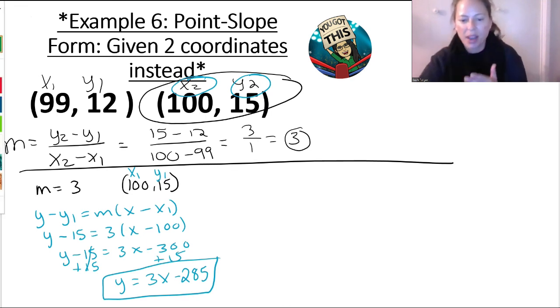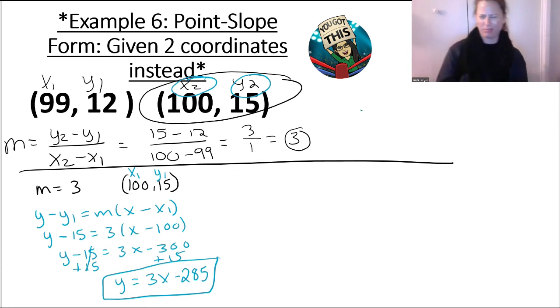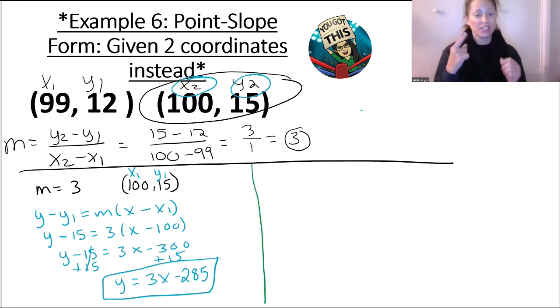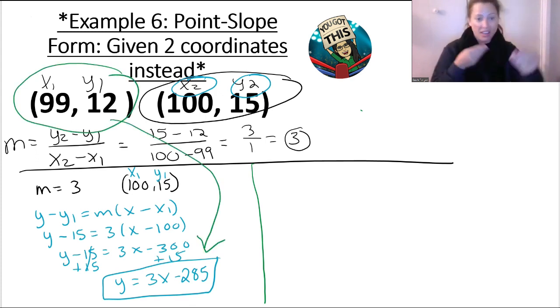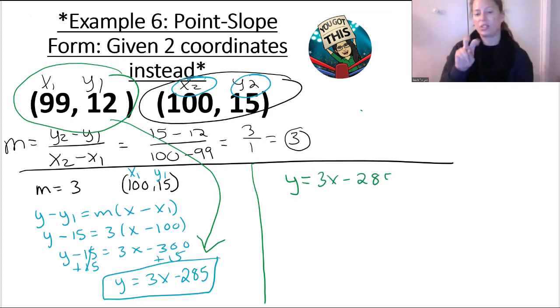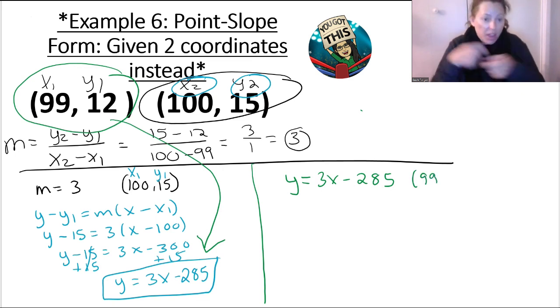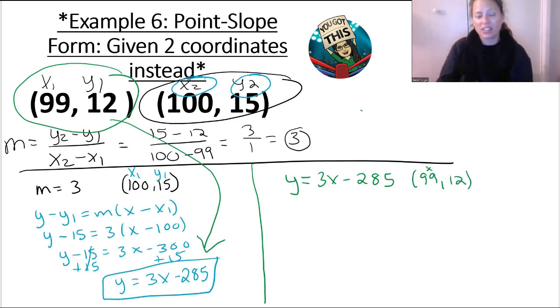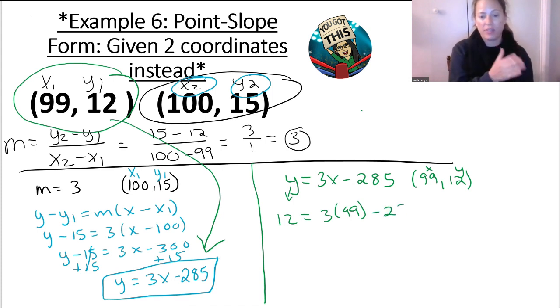What if at this point you're like, hey Addie, how do I know that I'm doing this correct? Well, you can always check your work by plugging one of these coordinates into the equation to see if it makes a true statement. For example, if my equation was y equals 3x minus 285, let me plug in this point and see if it works. This is my x and this is my y, right? Okay, so I'm going to say 12 equals 3 times 99 minus 285.